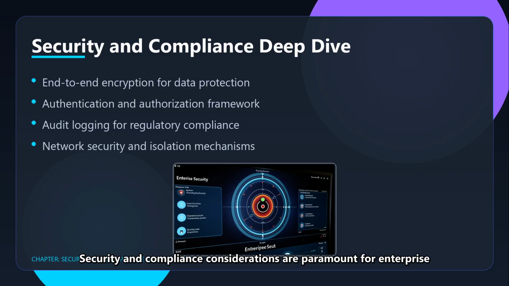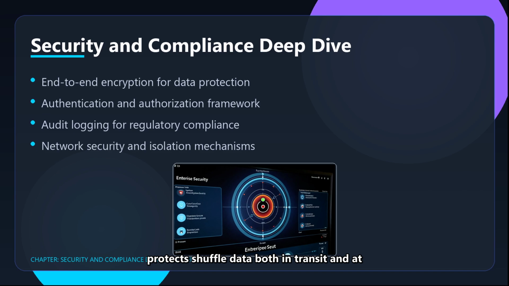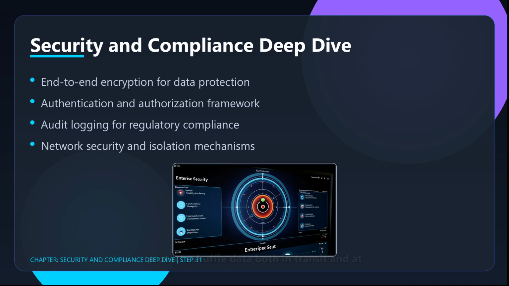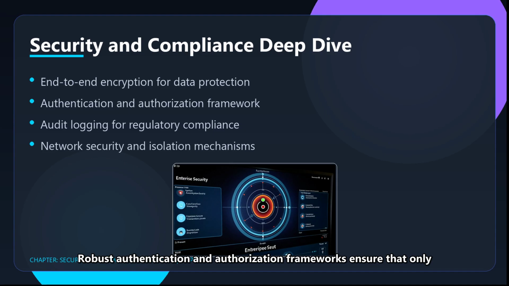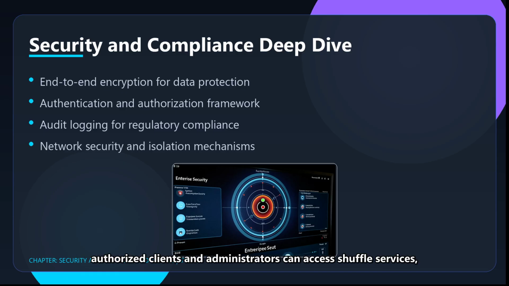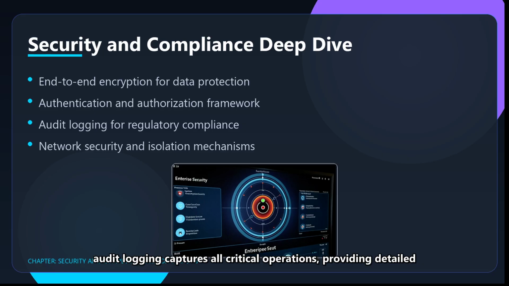Security and compliance considerations are paramount for enterprise Apache Uniffle deployments handling sensitive data. End-to-end encryption protects shuffled data both in transit and at rest, meeting stringent data protection requirements across industries. Robust authentication and authorization frameworks ensure that only authorized clients and administrators can access shuffle services, with granular permission controls for multi-tenant environments.